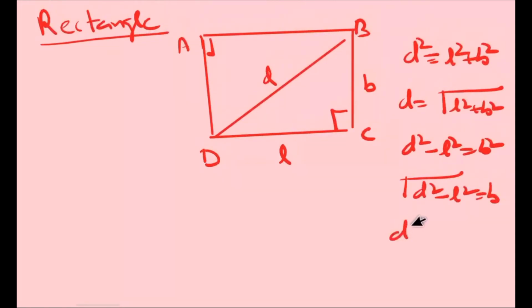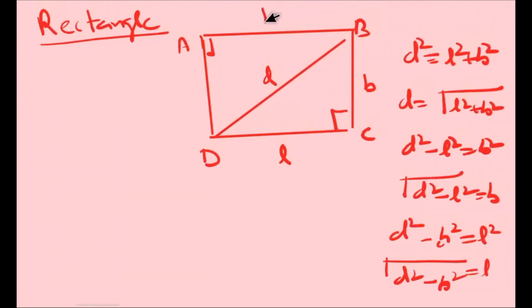If you write D square minus B square equal to L square, taking this side, so what is the length here? Length equal to under root D square minus B square. This way you can use this formula and find the diagonal, length and breadth.